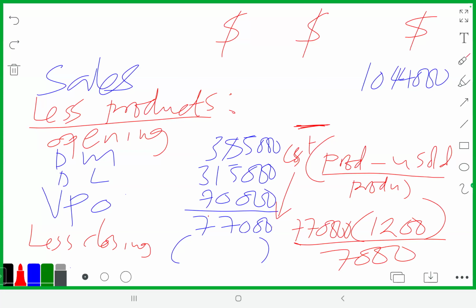Yeah, so I found 132,000. Still finding the same. No, can you redo your work again? 770,000 times 1,200. When you find your answer, then you divide by 7,000 units that have been produced.